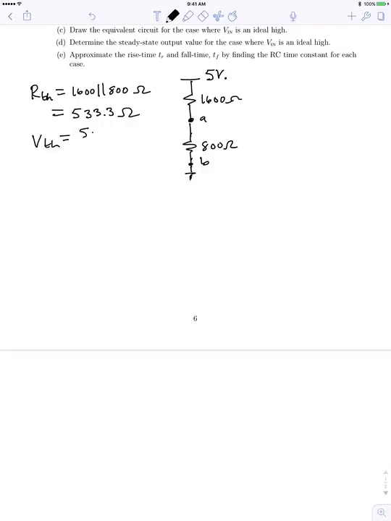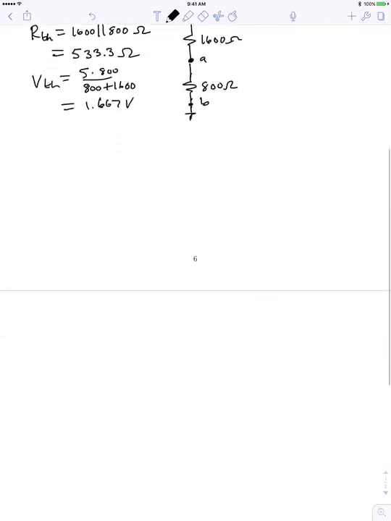So you get 5 times 800 divided by 800 plus 1600, which gives you 1.667 volts.